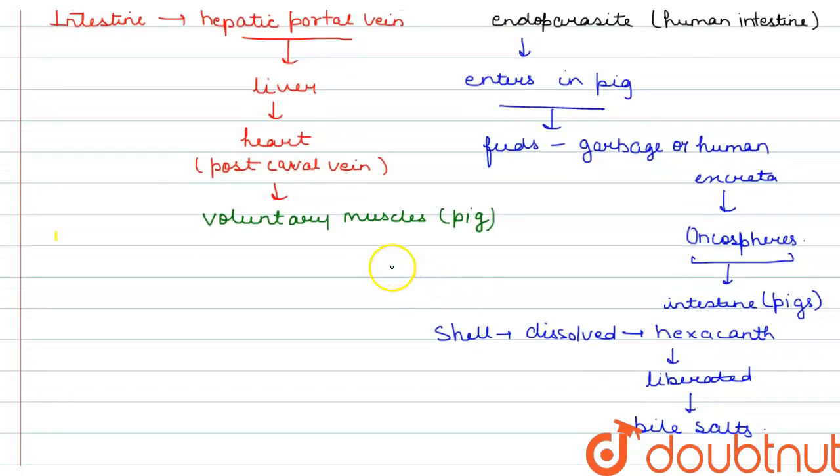Generally the hexacanth settles in the voluntary muscles of the tongue, elbows, neck, and limbs. These are the favorite places for the hexacanth to settle down in the voluntary muscles of the pig.